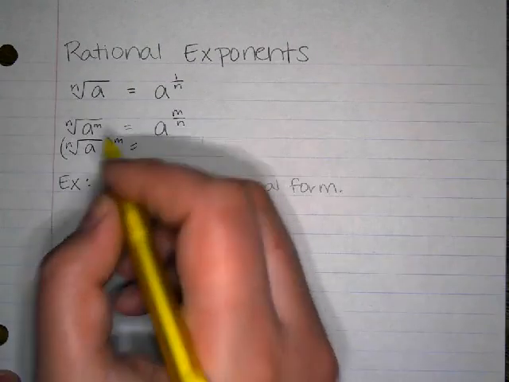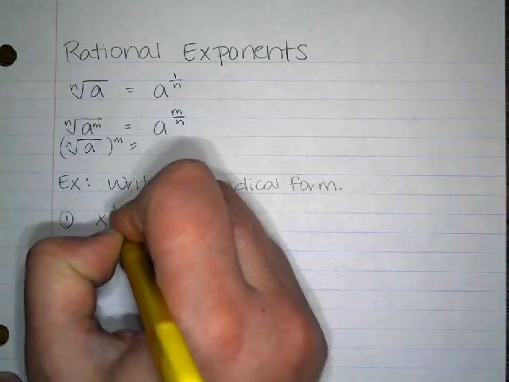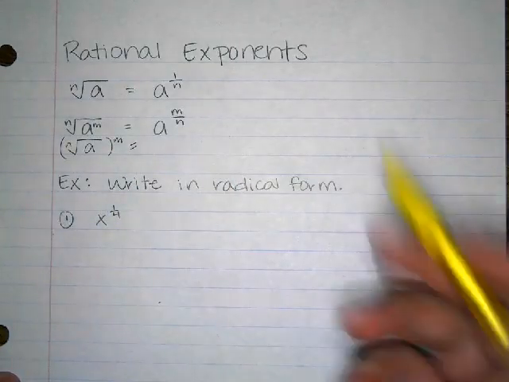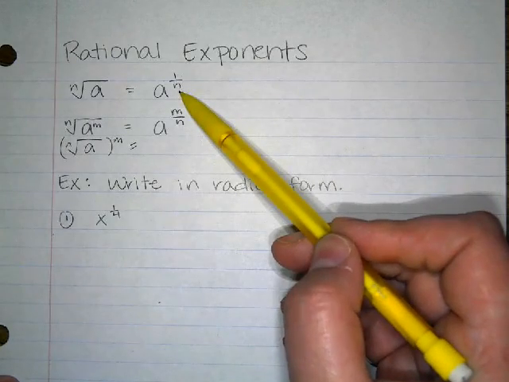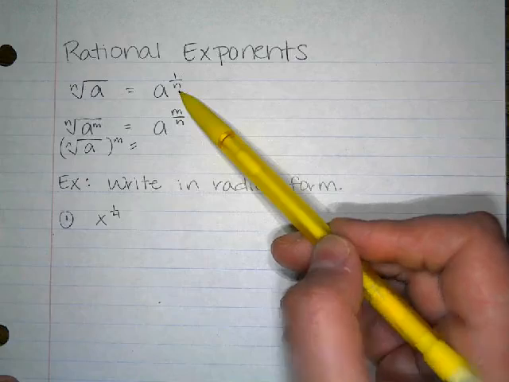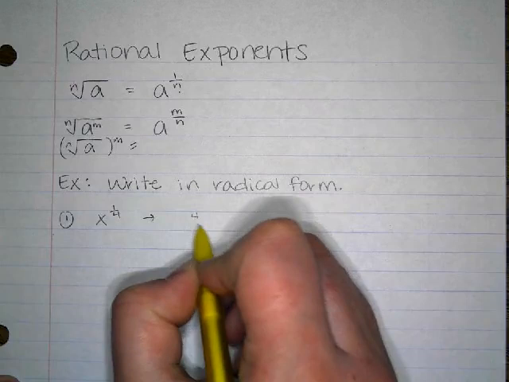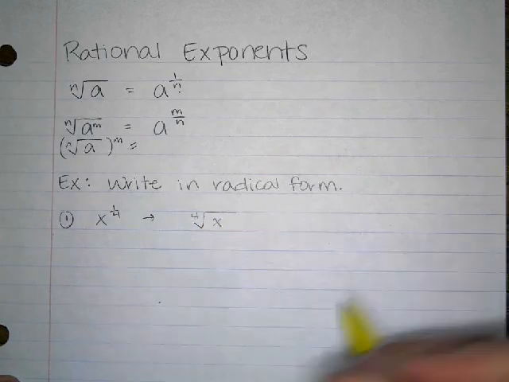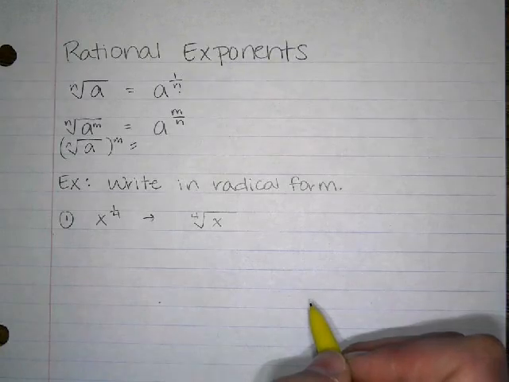So for the first problem, we're going to do x to the 1/4. If the exponent is 1/4, then what type of radical is that? It's a 4th root. So this would become the 4th root of x. And we can't simplify the 4th root of x. There's only one x in there, so we're done.